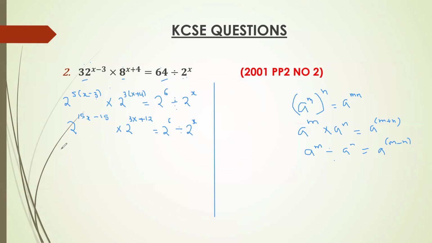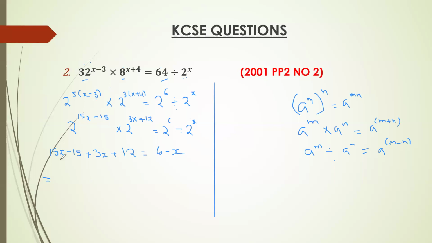So ignore these bases. Just add the powers. So what you got: 15x minus 15 plus 0, 3x plus 12 equal to... so nimechukua hii plus c equal to, hii ni division, so na subtract hizi mbili, so ni 6 minus x.